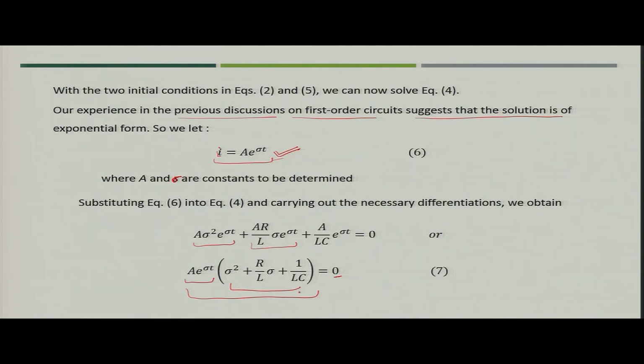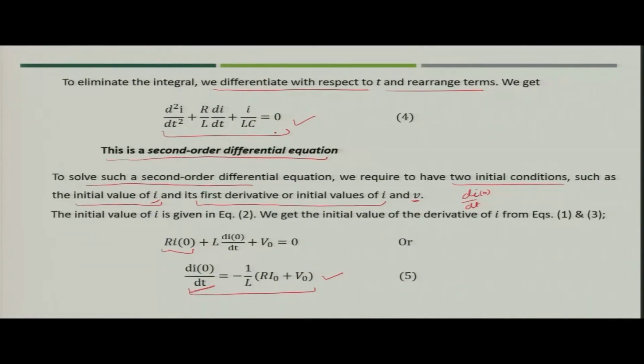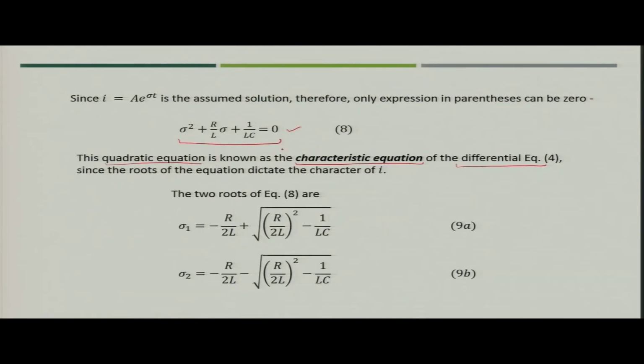So, what we are left with is sigma square plus R by L sigma plus 1 by LC equal to 0, which would be the governing equation. This is a quadratic equation, and we call this type of equation the characteristic equation of the differential equation which we just saw.